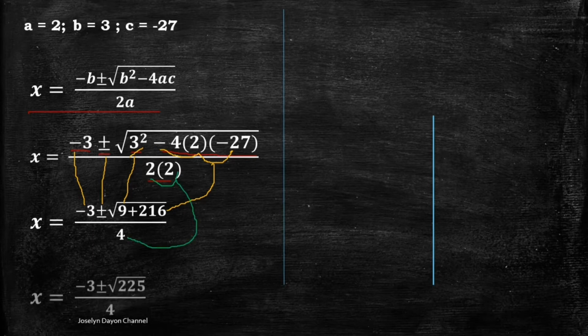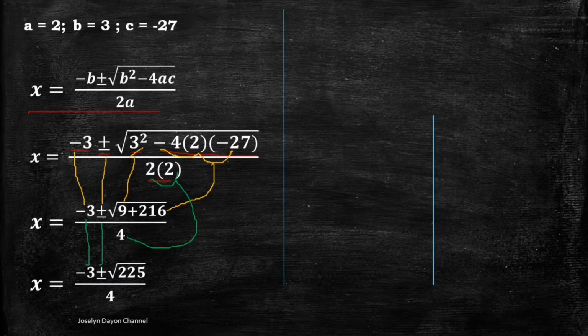Next, we have negative 3, copy, plus or minus square root of. Combine 9 and 216. So 9 plus 216, the answer is 225. Then you copy 4 in the denominator.